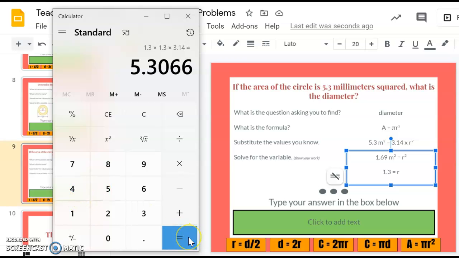Now remember, we rounded some stuff off, so it may not be exact, and we get 5.3, and that is what our area is, because I did pi times radius squared. You can see that right up here in the calculator. So I checked myself to make sure I did it correct. So I did it correct.